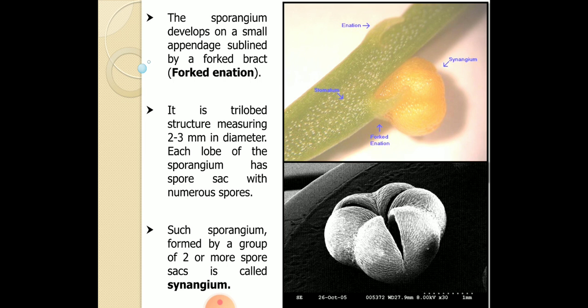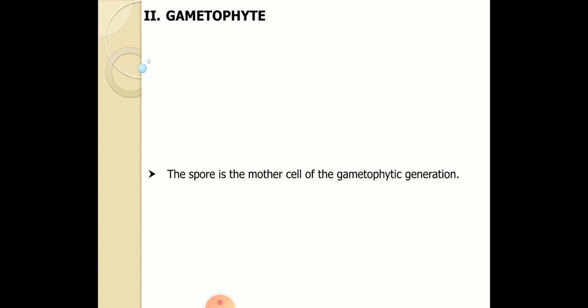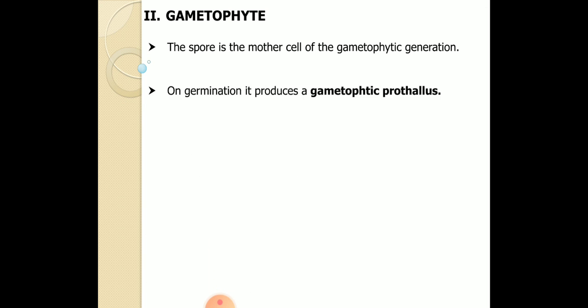So usually such sporangia are found as a group of 2 or more spore sacs, called a synangium. The complete yellow-colored structure that you are observing is called the synangium. It helps in the production of spores in Psilotum.